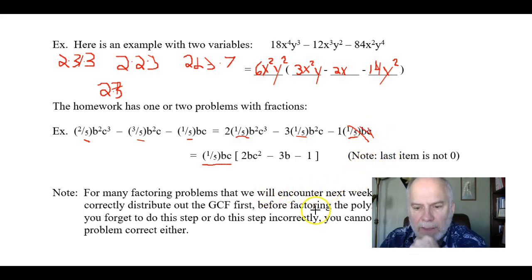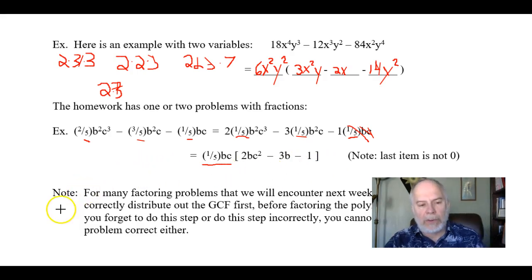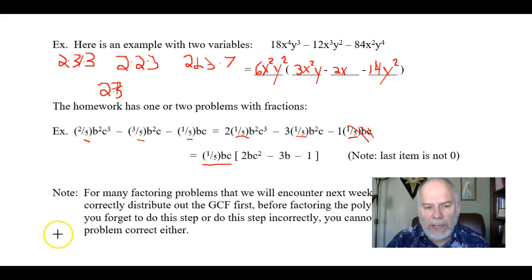All right, so then we distributed out the 1/5 bc, and we end up with these terms. Now, little note here for next week. For many factoring problems that we'll encounter next week, you'll have to correctly distribute out the greatest common factor first.